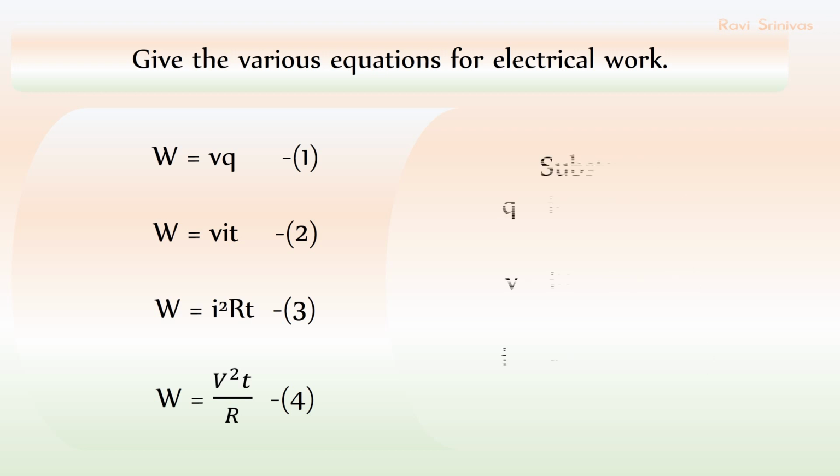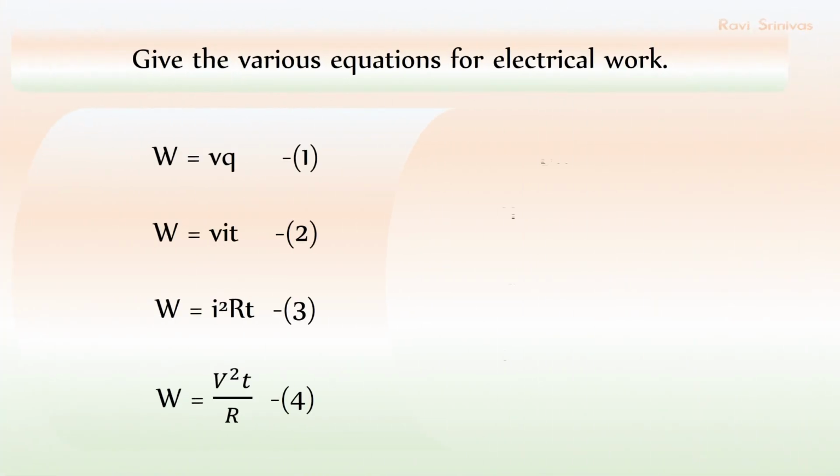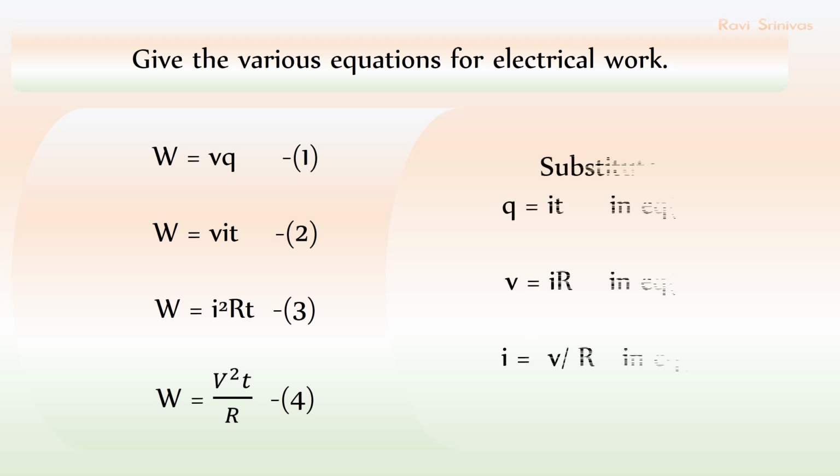In equation 2, we substitute V equal to IR, which is nothing but Ohm's law. So we get W equal to I square Rt, which is the third equation.